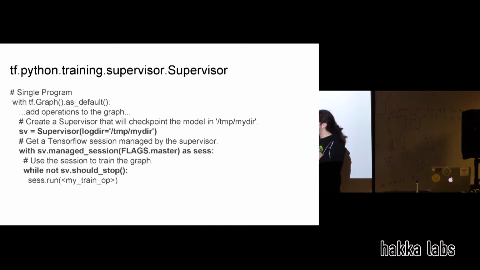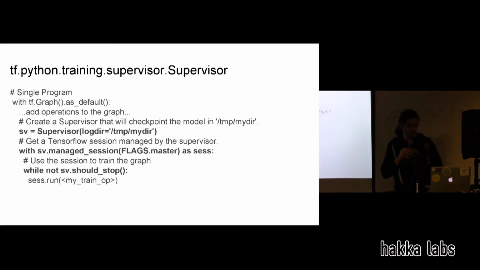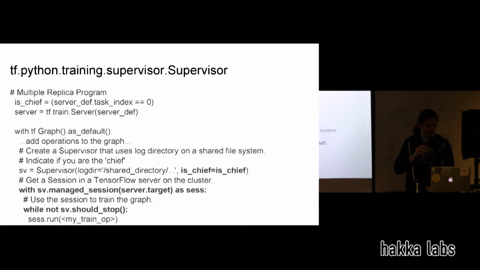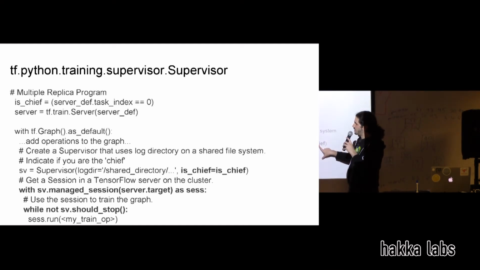So if for some reason one of the nodes crashed and it cannot recover, it will shut down gracefully. This is one parameter you have to keep in mind when you want to run the graph. This has to be the main node, the chief, that runs all the other nodes in the cluster.